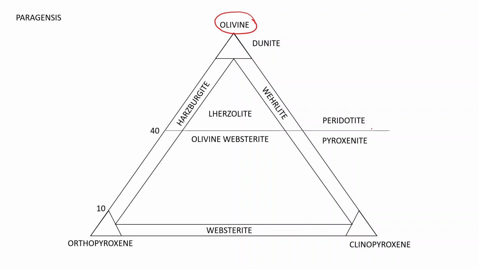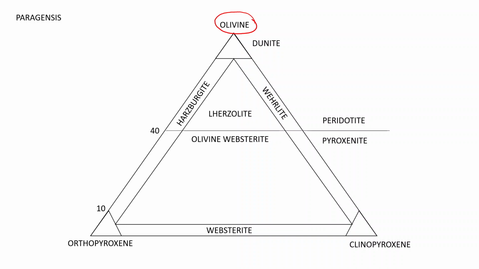So here we have these rocks. If it is a monomineralic olivine bearing rock, we call it a dunite. If it is orthopyroxene, we call it orthopyroxenite and clinopyroxenite. Now the orthopyroxene clinopyroxene series has websterite, and then olivine orthopyroxene is harzburgite, olivine clinopyroxene is wehrlite.